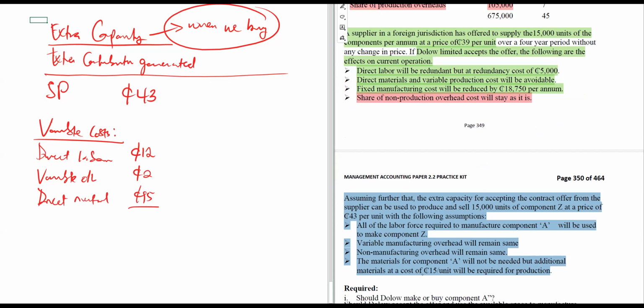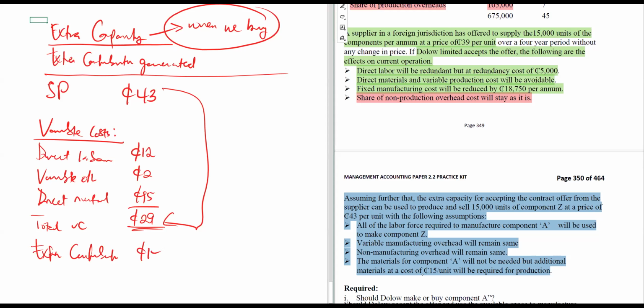Now let's put together. What's our total variable cost? 29. So deduct the variable cost from the price and let's see if it generates extra contribution. It's an extra contribution of 14 cedis per unit.